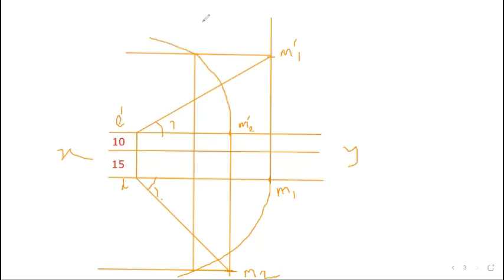So now join these 2 points, and you see these 2 points are on the same vertical line. It must be on the same vertical line.